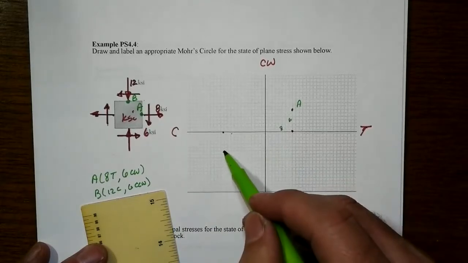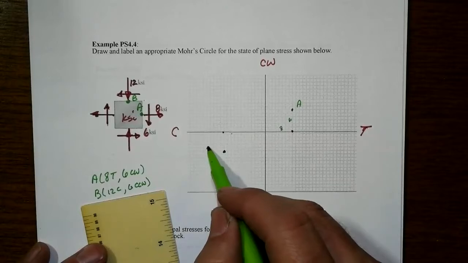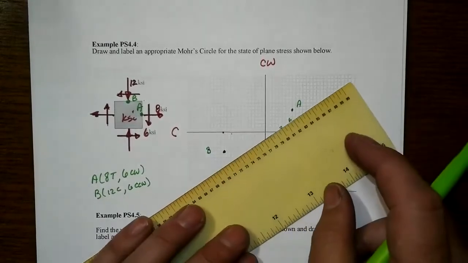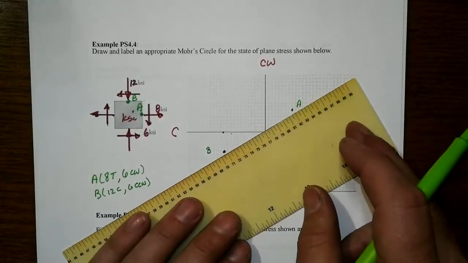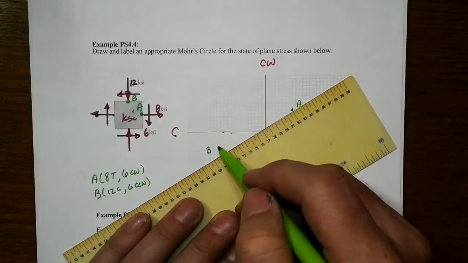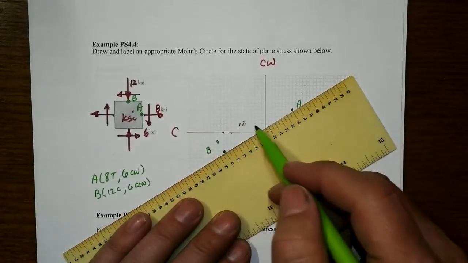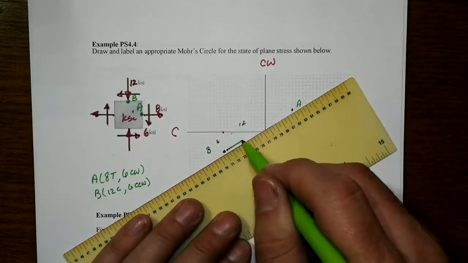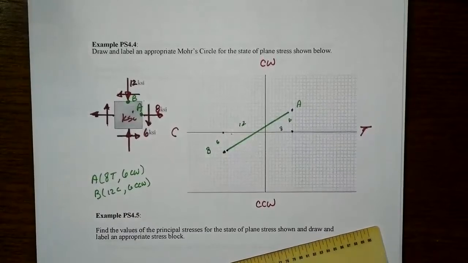Now, if we were really scaling the measurements, as in getting a ruler out to do this, we'd have to be a little bit more careful, but we're just setting up the math with the graphical construction, just like we set up equations of equilibrium based upon a free body diagram, which does not have to be done at scale. All right, so point B was 6 down, and it was a total of 12 compression over. And then we'll draw the diametric line between points A and B.